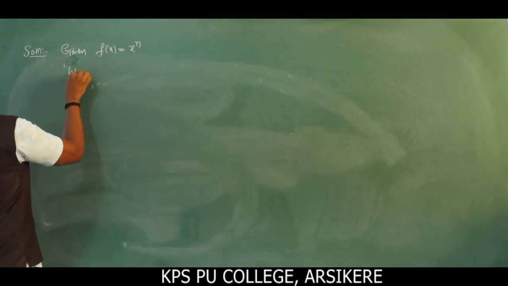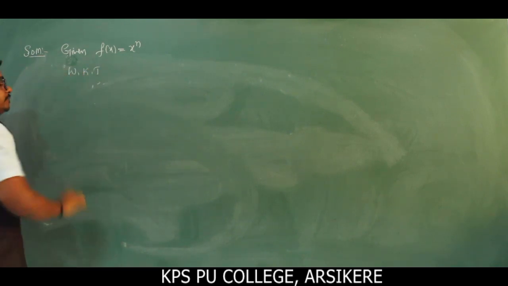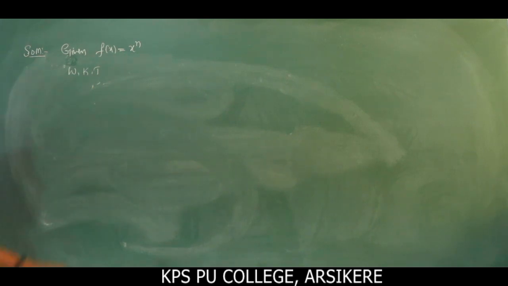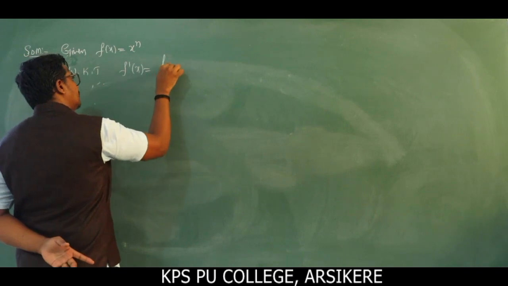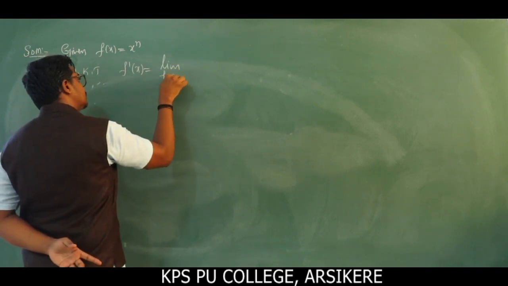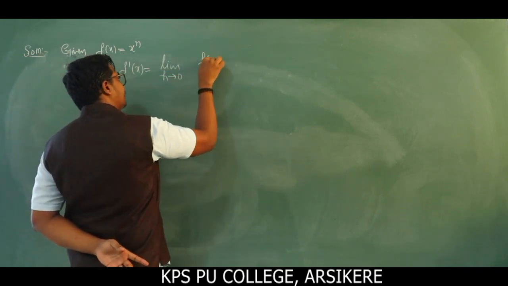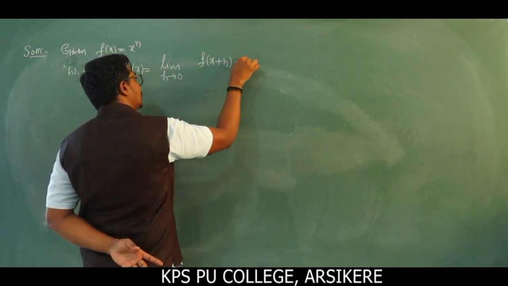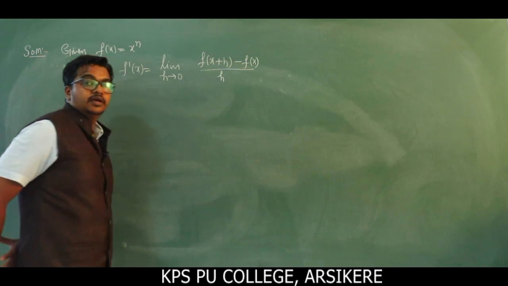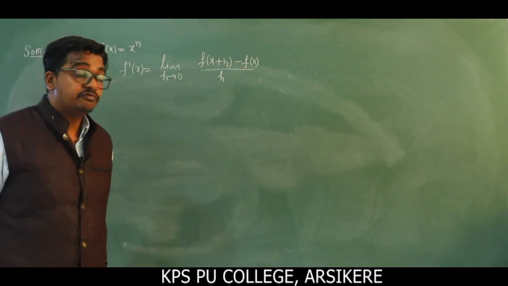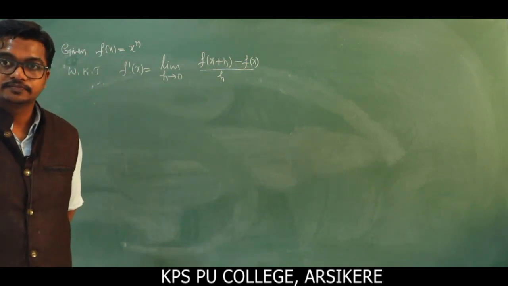We know that, or consider the formula we discussed in first principle. f dash of x is equal to limit as h approaches 0 of f of x plus h minus f of x, whole divided by h.